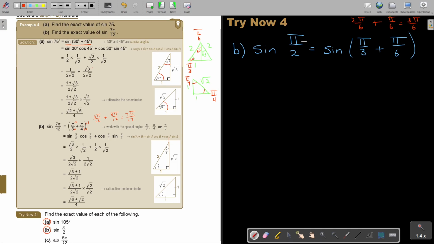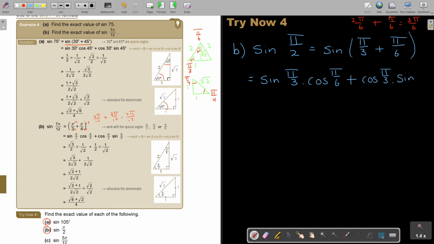I'll show you now the other one. Okay, so let's first start with this one. This is easy. So again, my formula, remember the first one. So it's sin pi over 3, and then cos pi over 6 plus cos pi over 3 sin pi over 6.